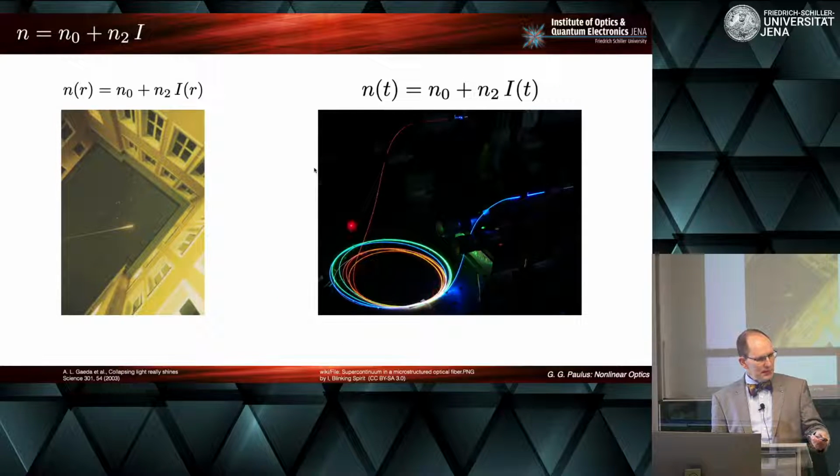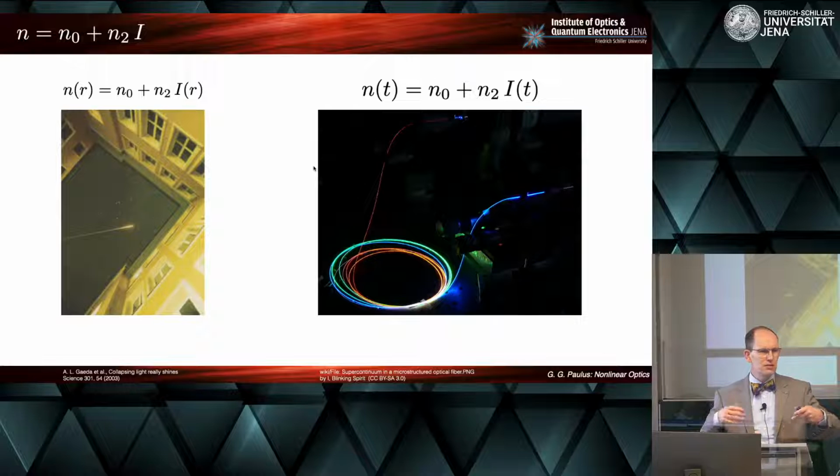So these pulses remain short, and therefore this process of self-phase modulation and a few other things are ongoing throughout this fiber, and you see that it changes from red to orange and then to yellow, finally to green, and eventually to blue.